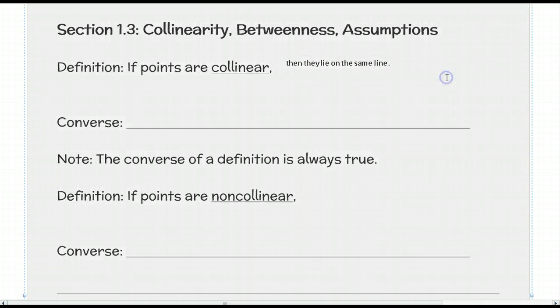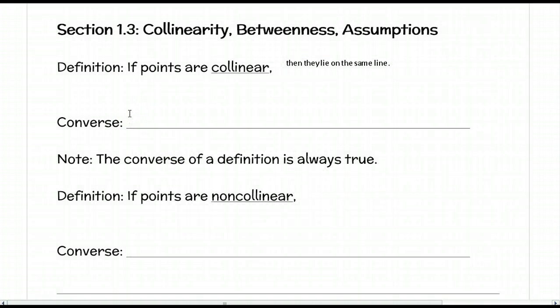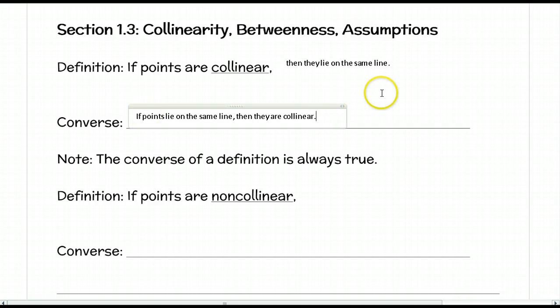Alright, so feel free to pause the video and see if you can write the converse based on what we were doing in the last section. So the converse would be, if points lie on the same line, then they are collinear.